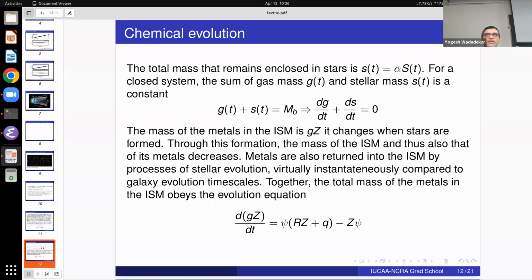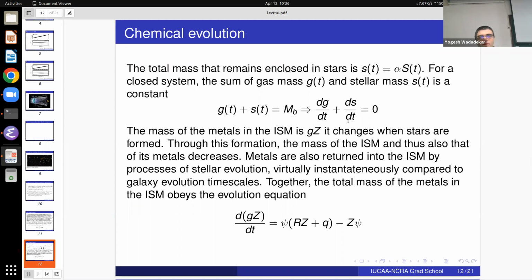So we write down that the mass in gas and the mass in stars is constant. At any given time the sum is the same, and that is your mass in baryons, again ignoring the mass in the dust. And you can differentiate that expression and write down dg over dt plus ds over dt is 0.